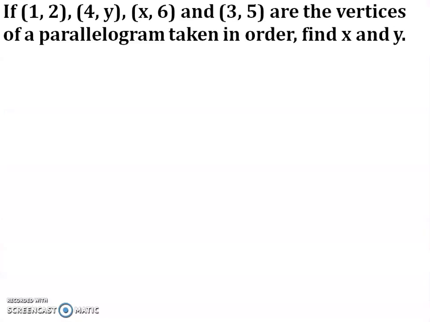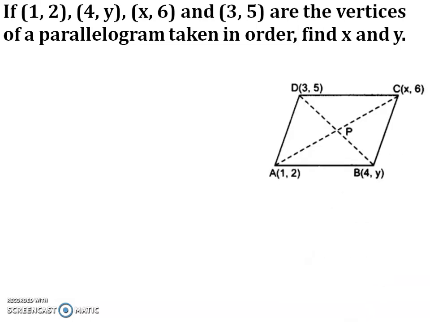If (1, 2), (4, y), (x, 6) and (3, 5) are the vertices of a parallelogram taken in order, find x and y. Students, here the important word is parallelogram. You should know what is a parallelogram. In a parallelogram, the opposite sides are equal.